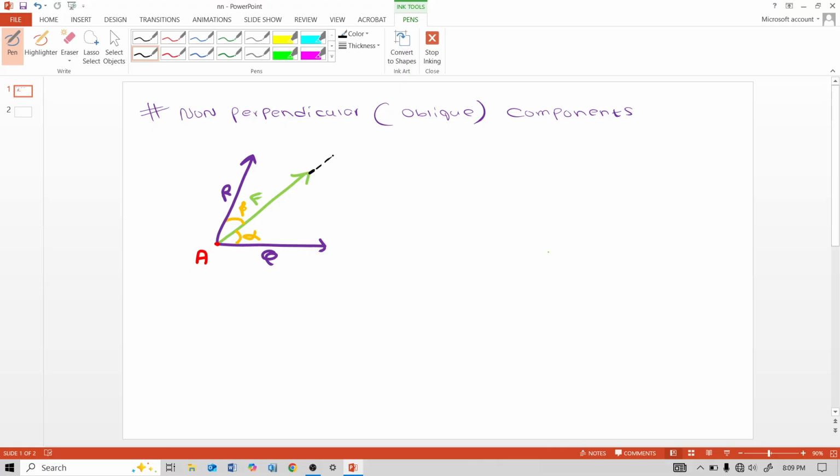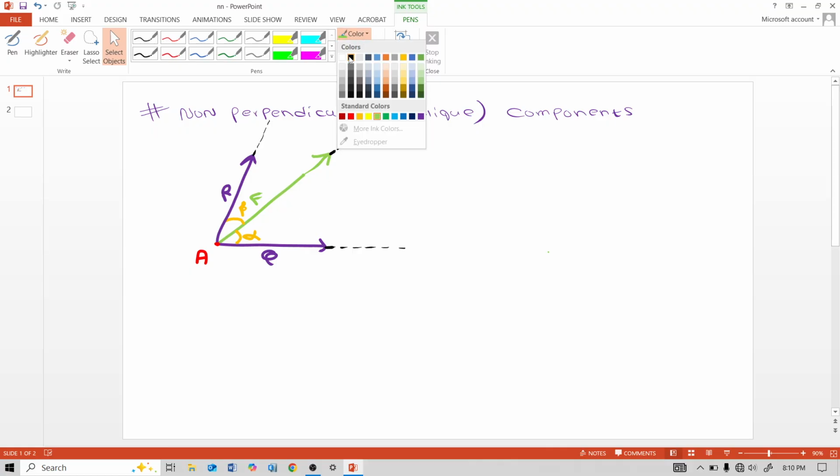Just see, the line of action of this force F will be like this, this Q force will be like this, and this R force will be like this. So we will make a parallelogram here. To make the parallelogram, this point is A, this point is B, this point is C, and this point is D.